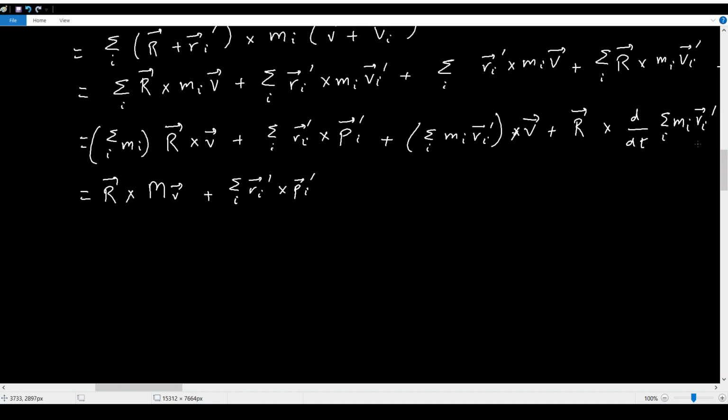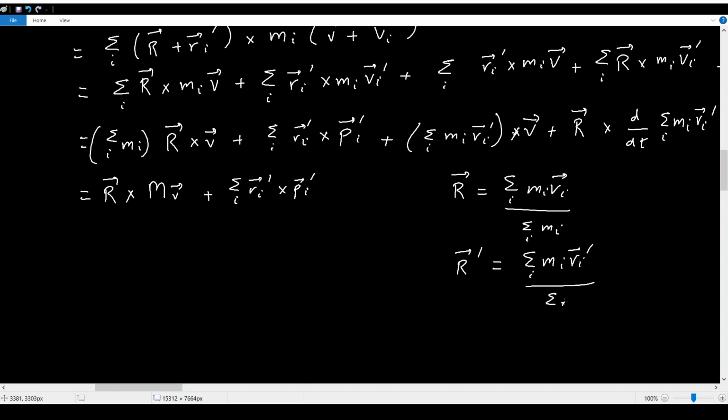Now on to these. So what do we have here? Note that the center of mass was the sum over m_i r_i divided by the sum over m_i, right? What if we write the center of mass in the primed frame? We would have r_i prime instead.